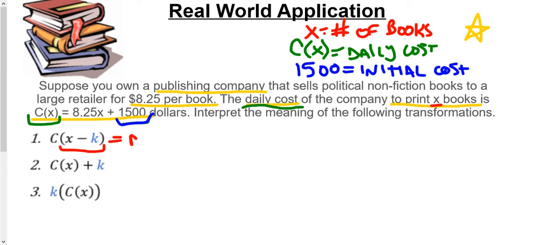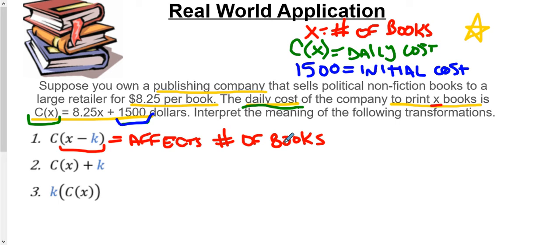So this affects the number of books in this problem. And it only affects the number of books in this problem. It doesn't have anything to do with the total cost at the end. It has to do with what we're plugging into our equation. So it's changing that number of books somehow. So we have lots of different ways that this could affect us, and we're going to take another closer look at that in the next slide.